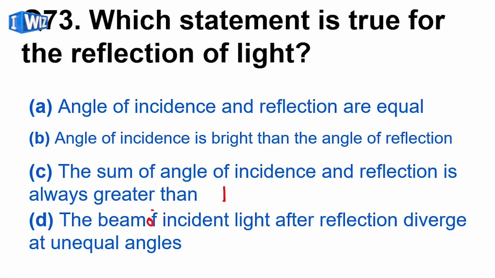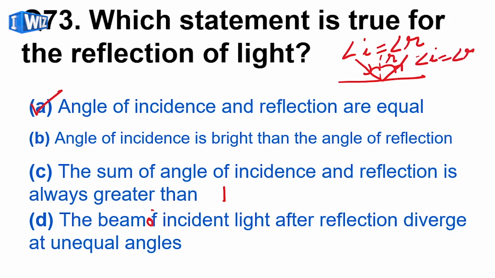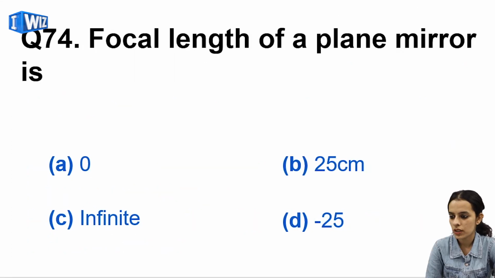So which is the true statement? The angle of incidence and reflection are equal according to the second law of reflection. Let's say this is a mirror, a ray of light strikes like this, it just changes its path. Otherwise the angle of incidence and the angle of reflection are the same. Keep this in your mind. Let's move to the next one.